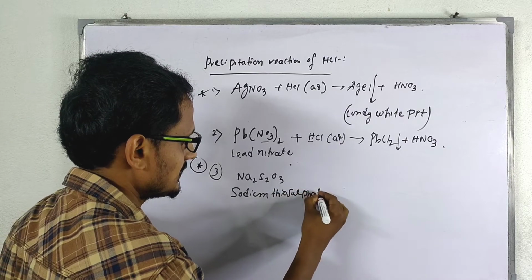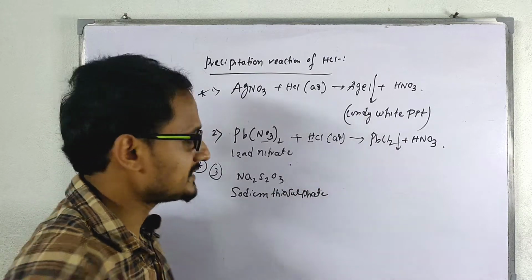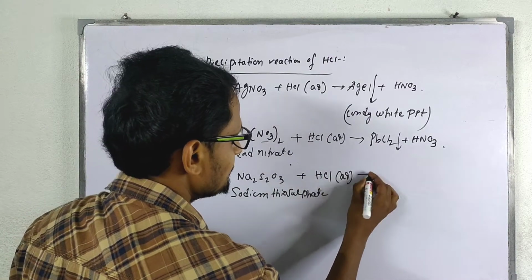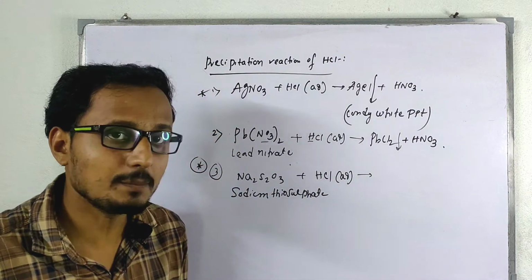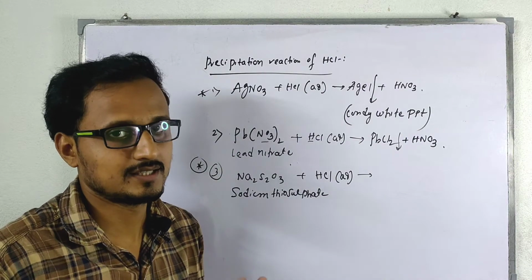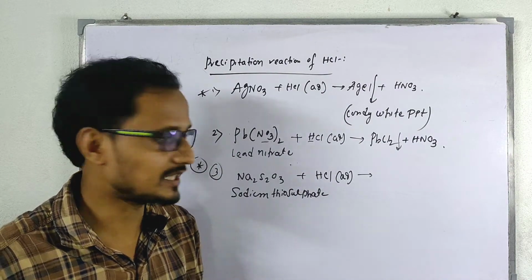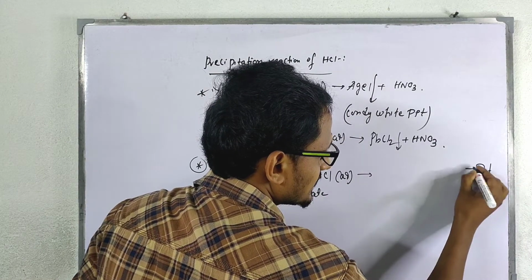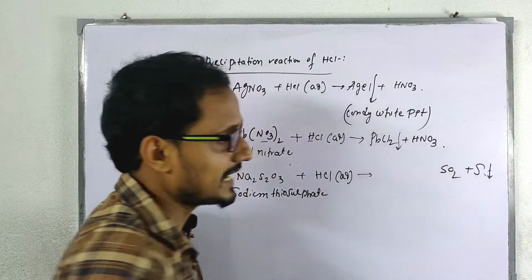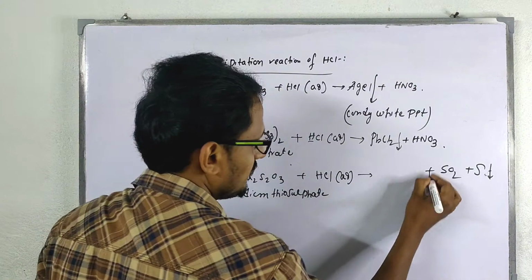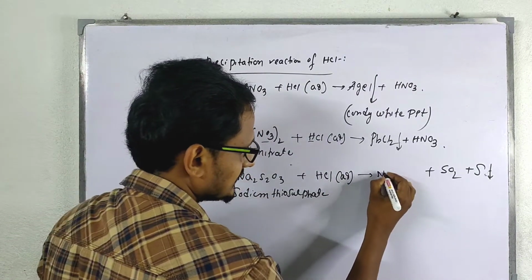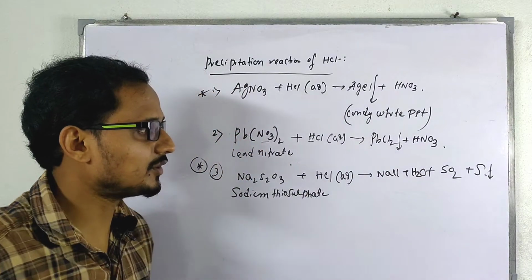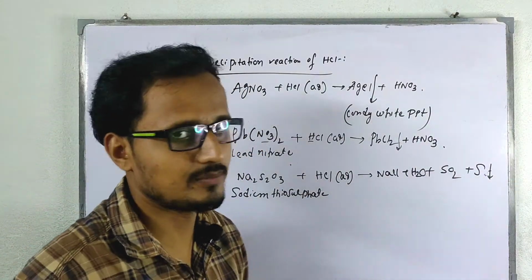Now when this sodium thiosulfate reacts with aqueous HCl, it forms a yellow precipitate of sulfur, with sulfur dioxide gas, and it will form NaCl and water. So these are the compounds you can see in the formation.